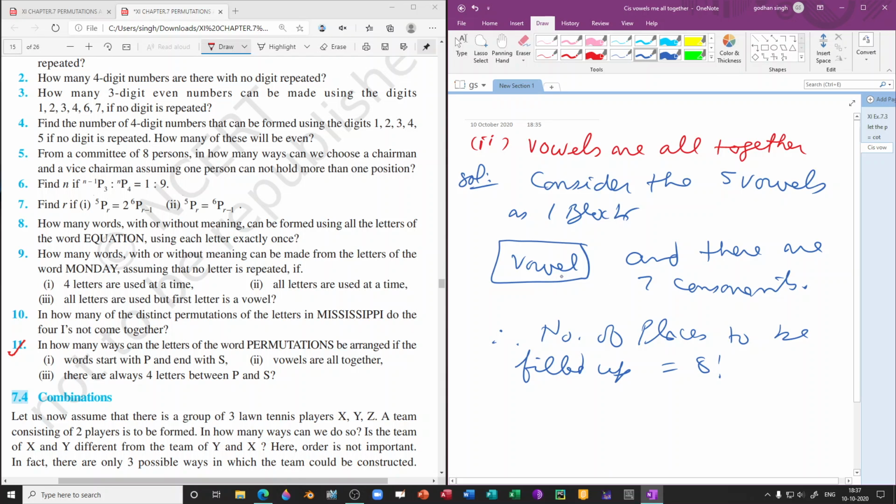But in this block of vowels, how many vowels are there? 5 vowels. We can arrange them in how many ways? 5 factorial ways. Also, in the block of vowels there are 5 vowels.